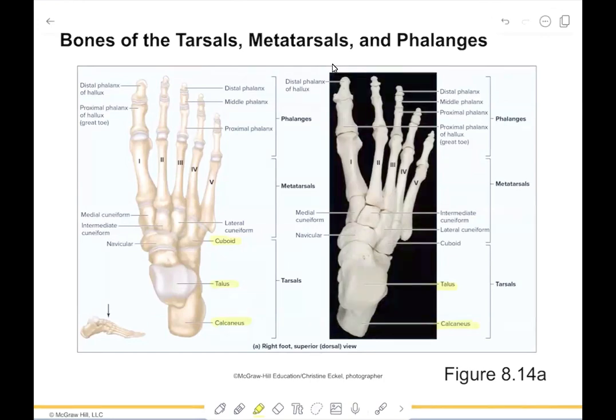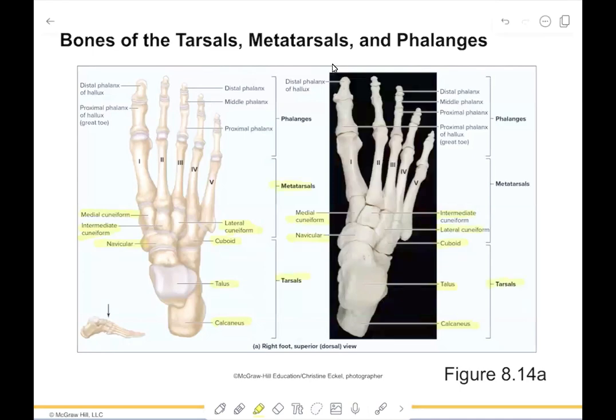The next bone that is just distal from the talus would be the navicular. Then there are 3 cuneiforms based on location. So going from the medial side to the lateral side, we have the medial cuneiform, intermediate cuneiform, and lateral cuneiform. So those are all of the tarsals.